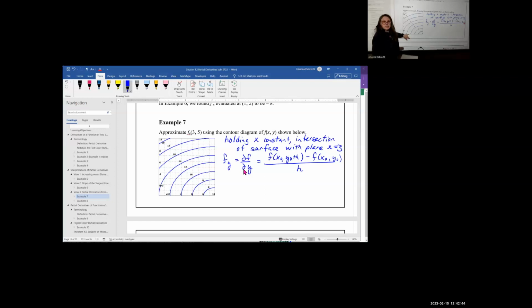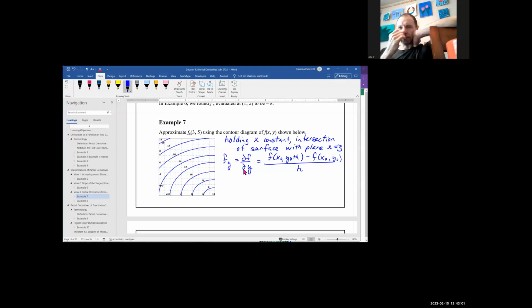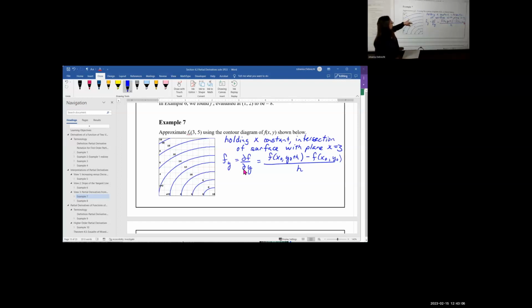Then we want to find 2 y values, points where it looks like the curve is cutting through pretty close to exactly. It's not perfect, but I would say that f of 3, 5 is about 14, and f of 3, 7 would be about 16.